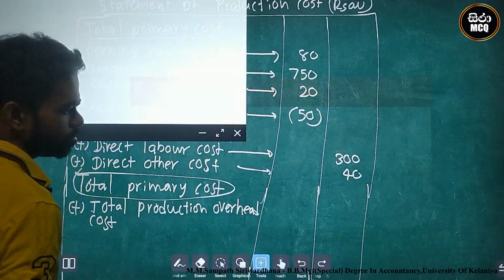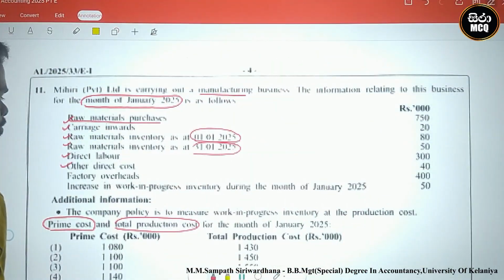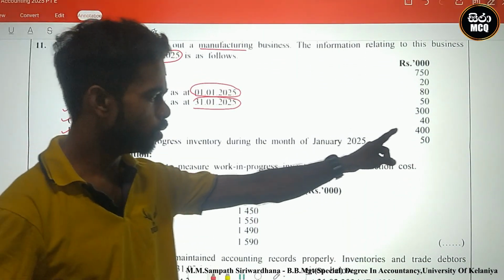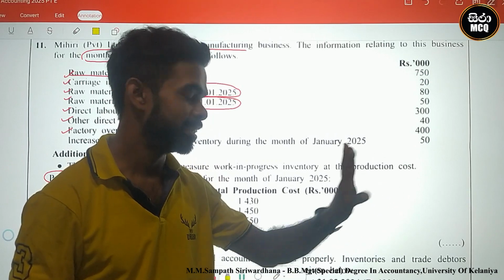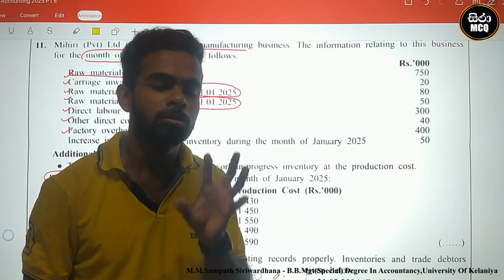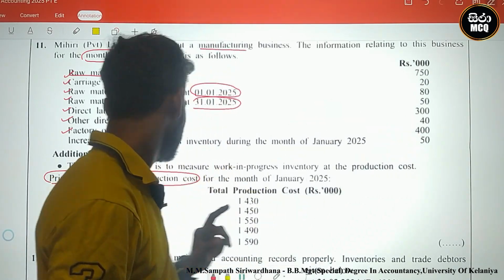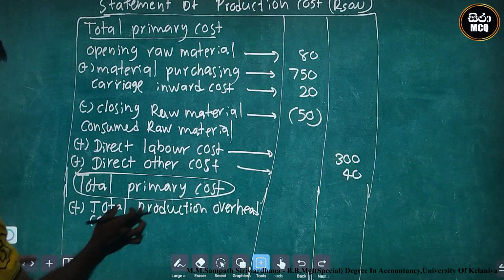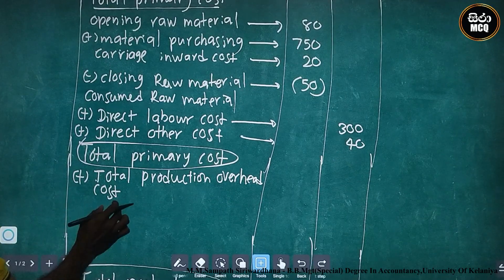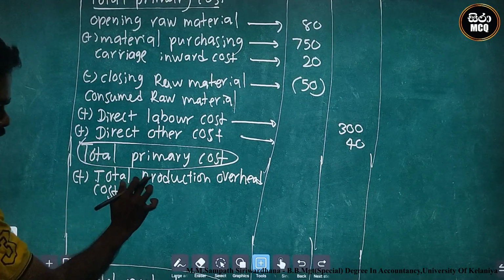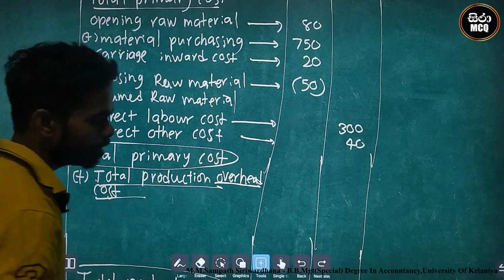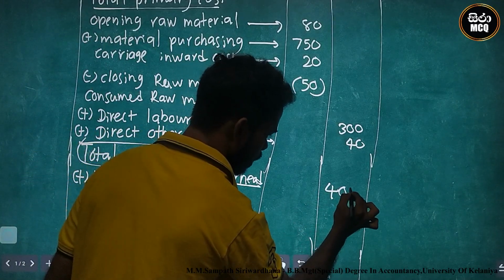Okay, let's see the question. Next one: factory overhead 400. Factory overhead means production overhead cost 400. This is the total production overhead cost, the balance is 400.